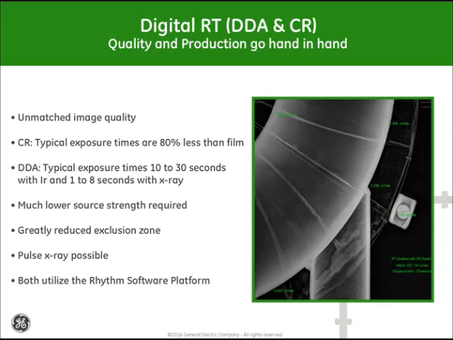And using the DDA, that exposure time is even shorter, so that we can be down anywhere from 10 to 30 seconds with an iridium source, and even 1 to 8 seconds with an X-ray source.